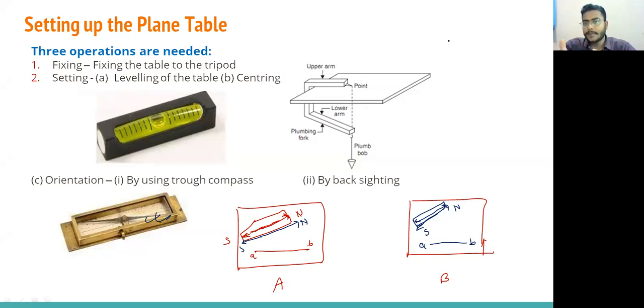So again, we have to check whether it is properly centered or not. Once we do the centering procedure, we will see the orientation also gets disturbed. So we have to check both things. Once we make sure the orientation is good and the centering is good, then we can go for the third procedure.